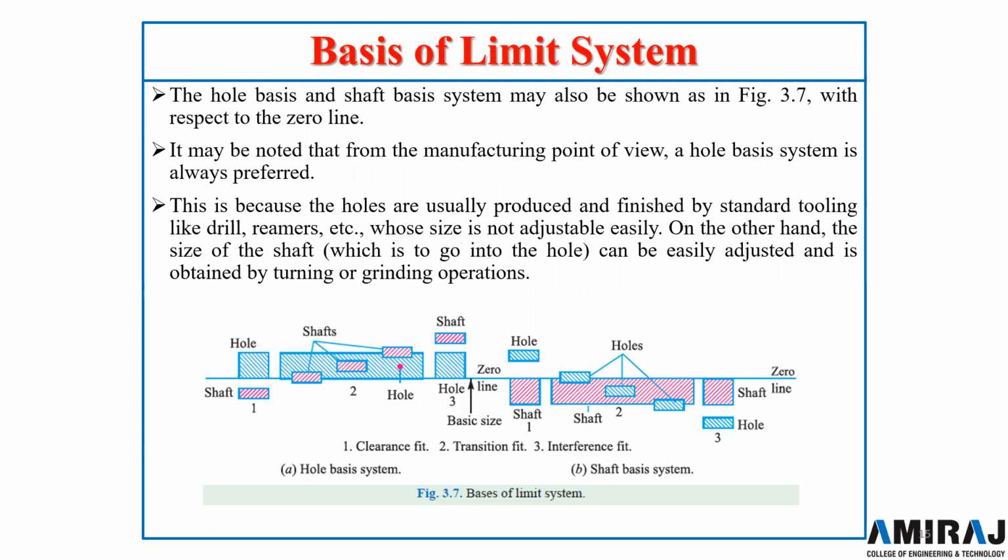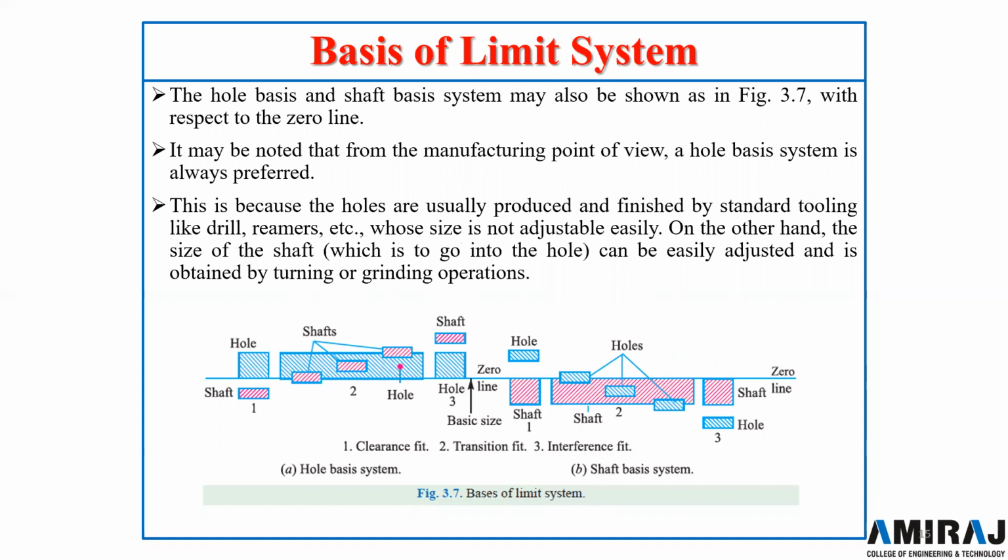So here in the generalized diagram, you can see the hole basis and the shaft basis system shown in the figure with respect to the zero line. It may be noted that from the manufacturing point of view, a hole basis system is always preferred.